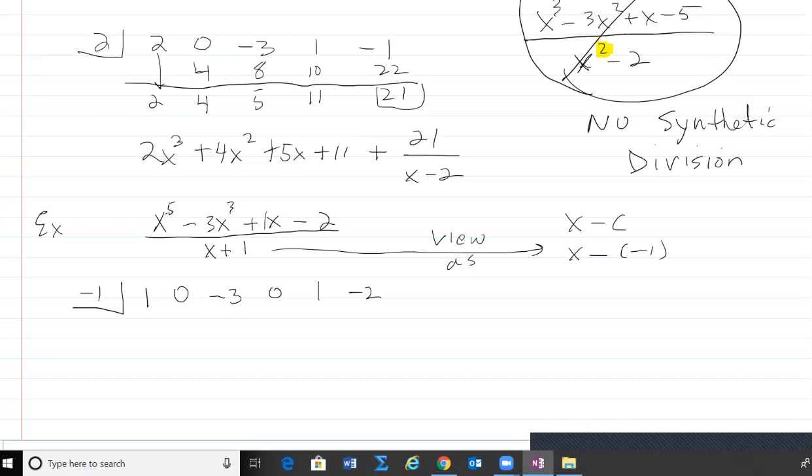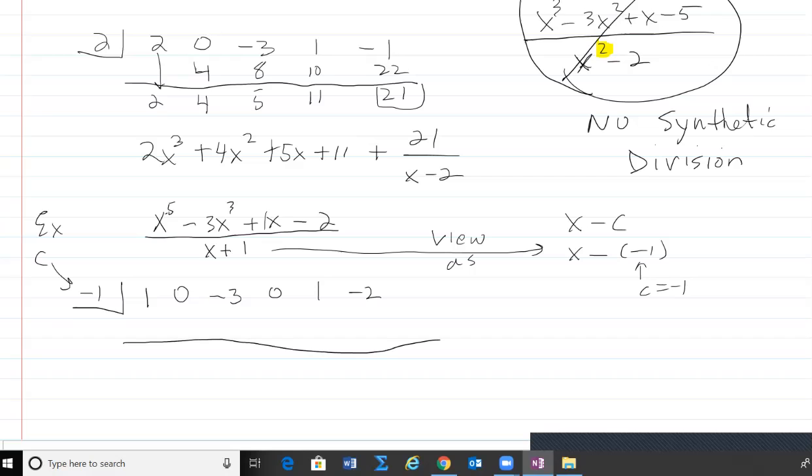This way I can take my c and put it in over here. This is c. That part is a little bit tricky, but if you just make a mental note, if it's a plus, then you're going to have to put in the opposite of that 1.